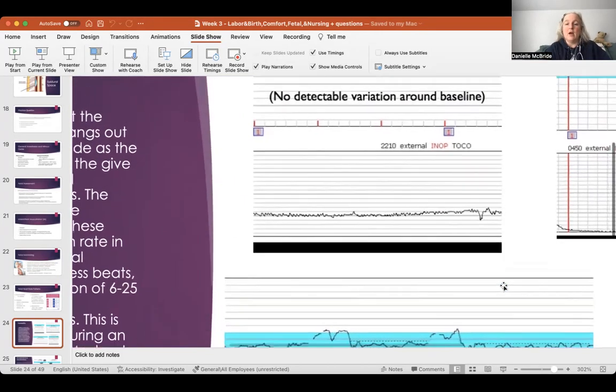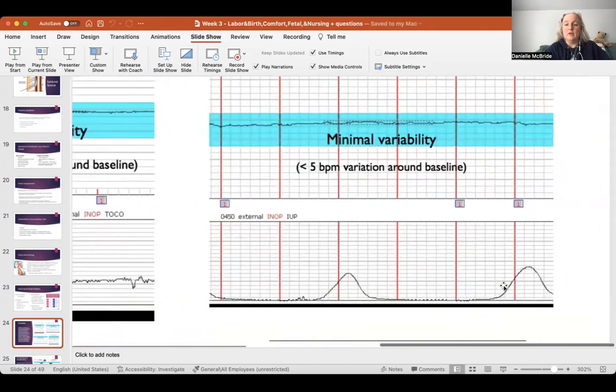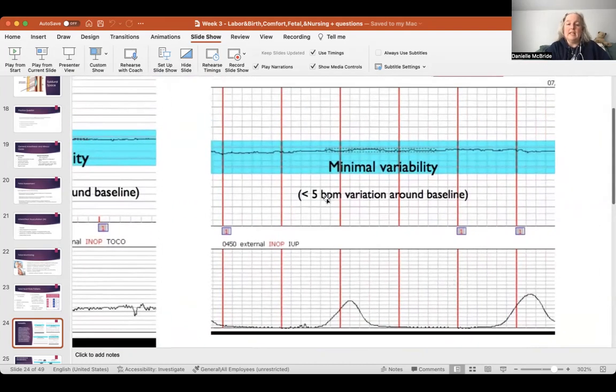The other most common one that we'll see is called minimal variability. Minimal variability is less than 5 beats of variation around the baseline. And this can be reassuring. It can also be concerning. So when we think about minimal variability, it might be a baby who's taken a nap. It might be a baby who's becoming acidotic. We don't know.